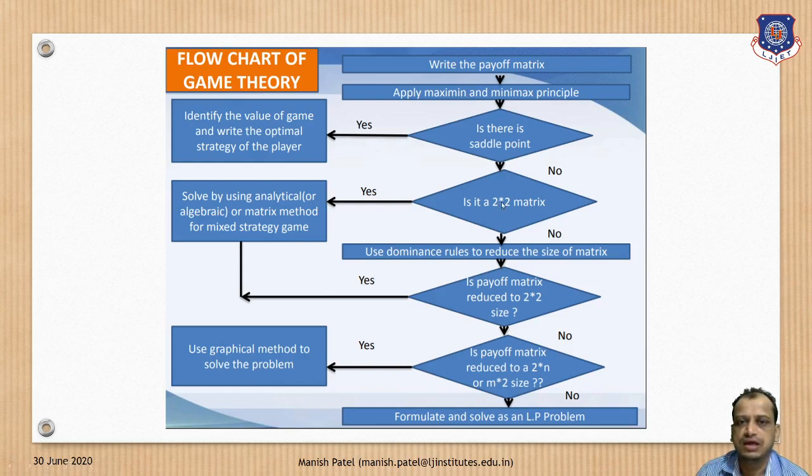If not, you reduce it with the help of the dominance principle we discussed in the previous lecture. If it still is not 2 cross 2 but you can reduce it to 2 cross n or m cross 2 size, then you can solve it with the graphical method, which we will discuss in this lecture. If this is not the case, then you formulate and solve it as a linear programming problem.